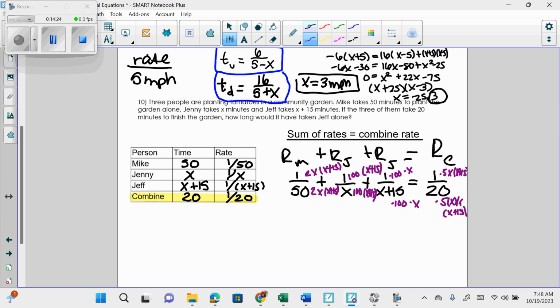So now everything is over, I'm just going to rewrite this a lot cleaner, 100x times x plus 15.